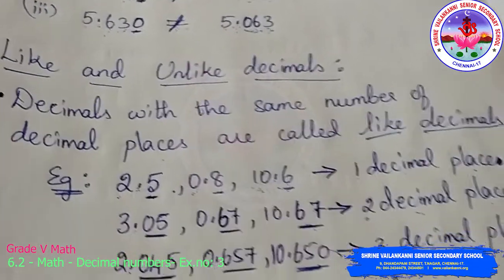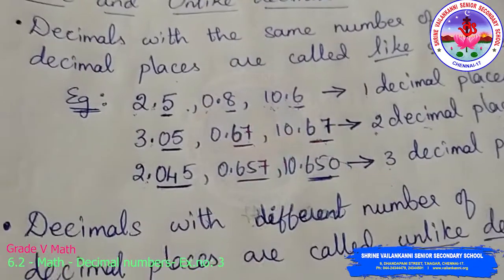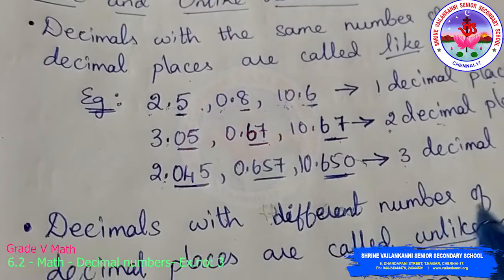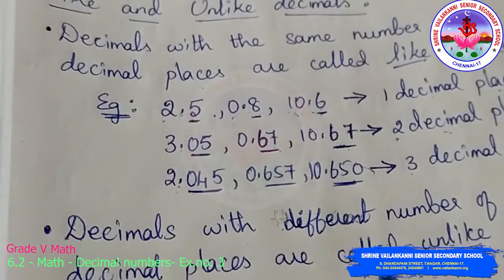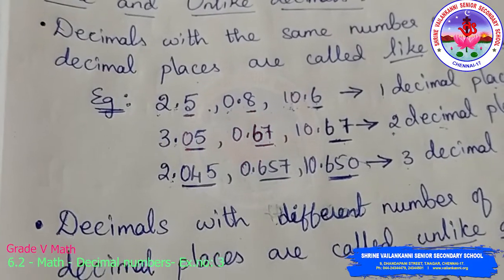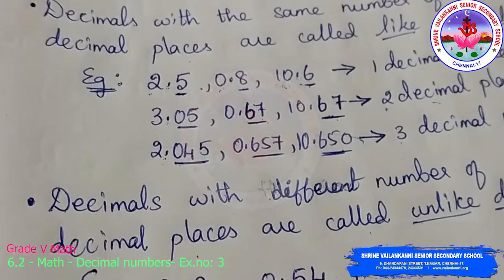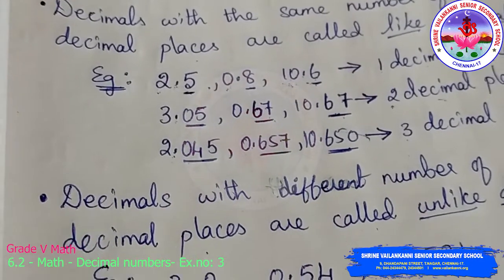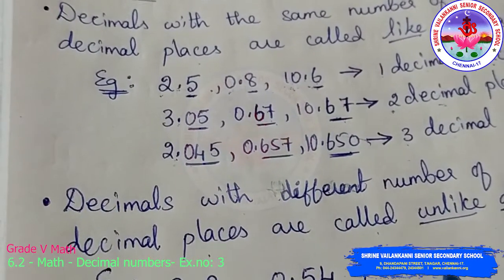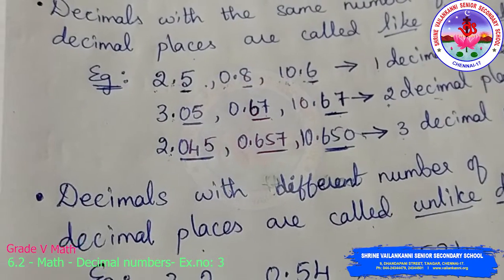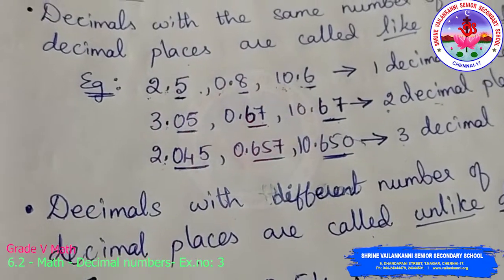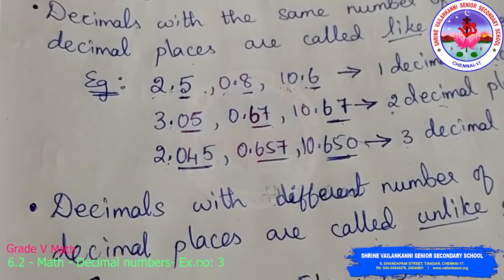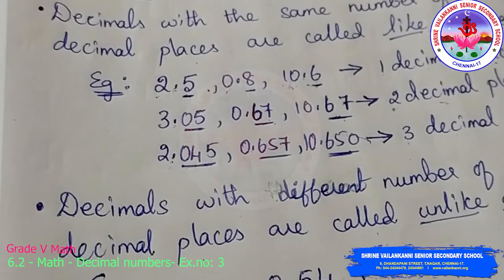Okay, so now we are going to see about the unlike decimal numbers. Decimals with different numbers of decimal places are called unlike decimals. That is, if you see here in the example 3.2, 0.54, 15.534. See, always when you read decimal numbers, you are supposed to read like 3.2.